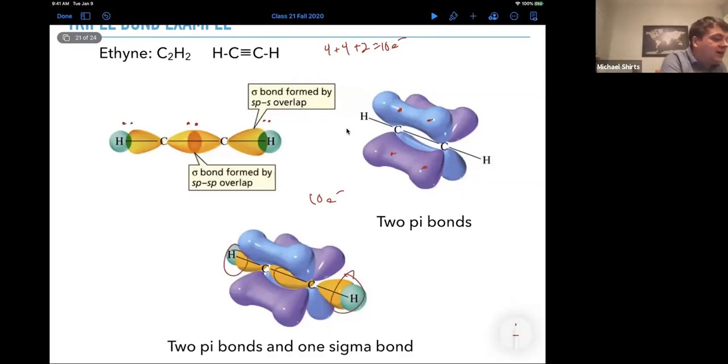All of these orbitals are colored in because they are occupied by pairs of electrons. So all the valence electrons are involved in bonding here, some in sigma bonds, some in pi bonds, because the atomic orbitals where the electrons are stored combine to form molecular orbitals, where the electrons are stored after bonding.